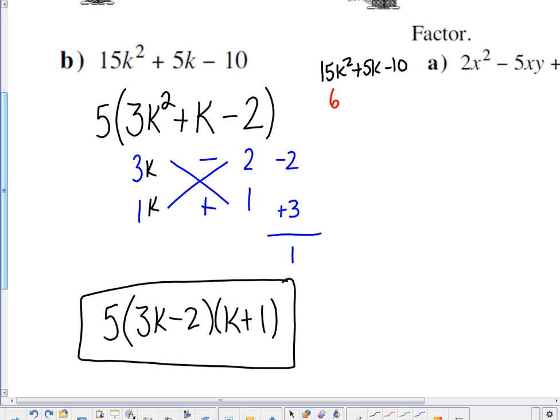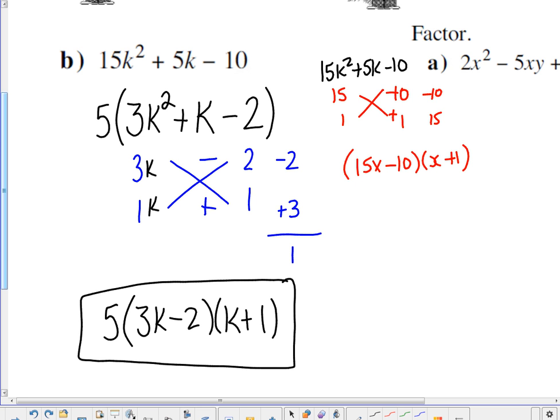Let's try this again. 15 and 1, okay? 15 and 1, and let's say you did 10 and 1, okay? And then you're like, okay, I need to make 5, and so you're like, oh, this is 15, this is 10, so it has to be a -10, +15, and so it factors to 15x minus 10 and x plus 1.